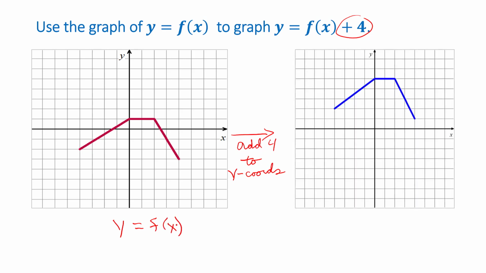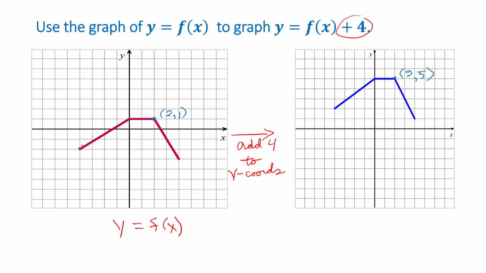We end up with the graph that I've already plotted here, but let me show you exactly what we've done. We've taken each of these corner points, like the point 2, 1. We've left 2 as our x-coordinate and added 4 to the y-coordinate of 1 to obtain the point 2, 5.